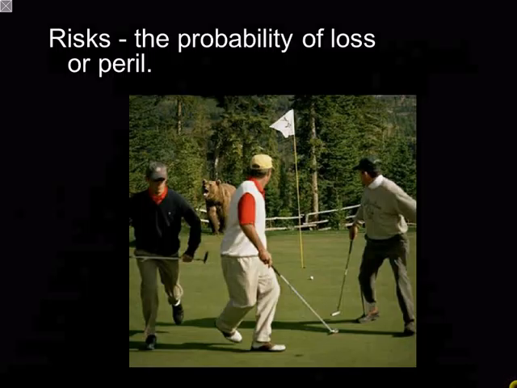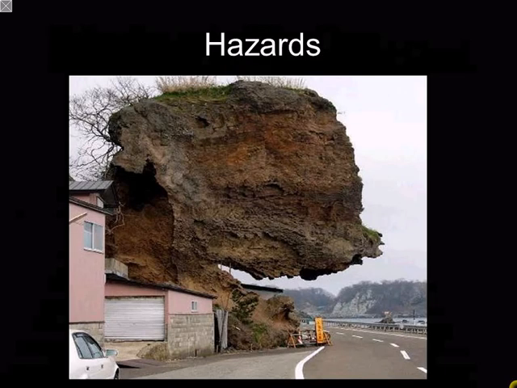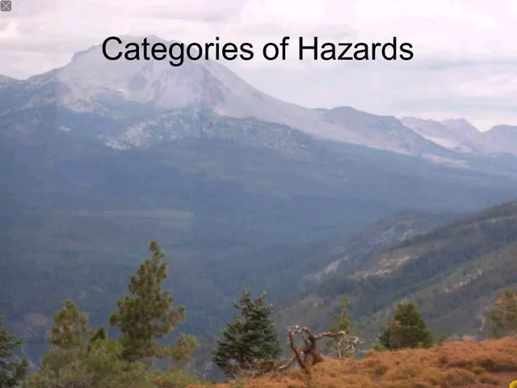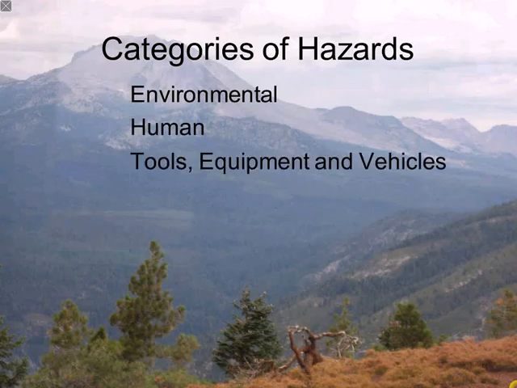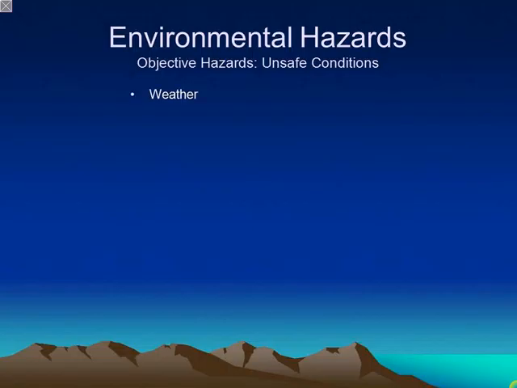Second, some context here. Risk is defined as the probability of loss or peril. Hazards can be obvious, like this example here. In our work out in the field, we categorize hazards and define them in broad categories: environmental hazards, human hazards, and tools, equipment, and vehicle hazards.